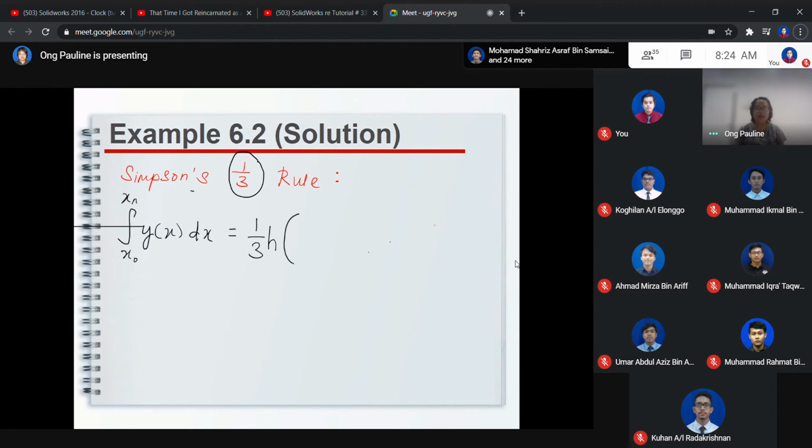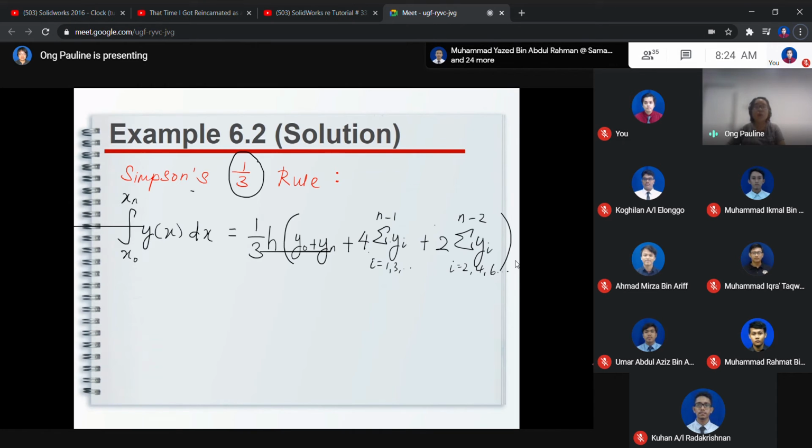Then inside the bracket, we have y naught plus yn plus 4 multiplied by the summation of yi, where i is 1, 3, and so on until n minus 1, plus 2 multiplied by the summation of yi, where i is 2, 4, 6, and so on until n minus 2. Right, so this is the equation of Simpson's 1 over 3.